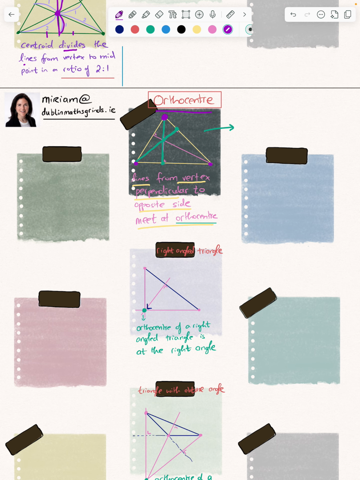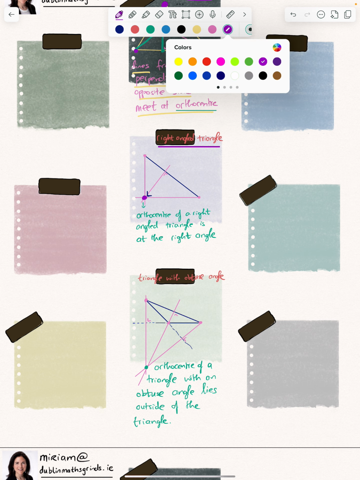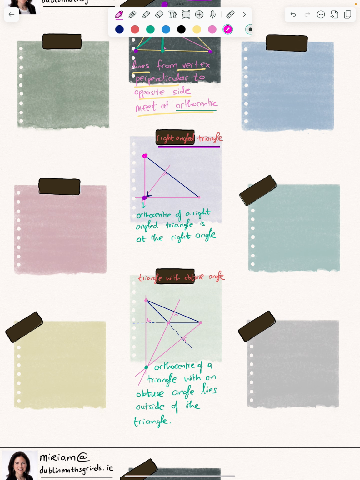Now, an interesting fact about the orthocentre: for a right-angled triangle, the orthocentre is actually at the right angle, because when you think about it, if I drew a line, I'm going to put them in here in bright pink. Okay, so if I go from this vertex and I meet the other side at a right angle, I will meet here roughly. And then if I go from this vertex, maybe I'll do this in the color yellow, and I go to meet the opposite side at a right angle, it looks like that.